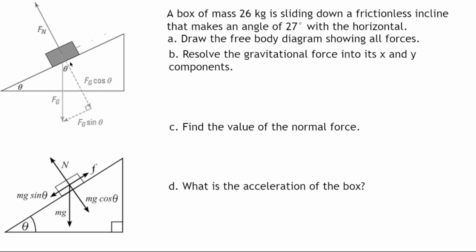If we're looking at this inclined plane, we need a value that makes it like this, because Fn has to be a force that's completely opposite of it. That's where we get Fg cosine theta. We have another triangle here, and we make it into its components. This is our horizontal, this is our vertical, and this is the theta value. Actually, this is our adjacent and this is our opposite.